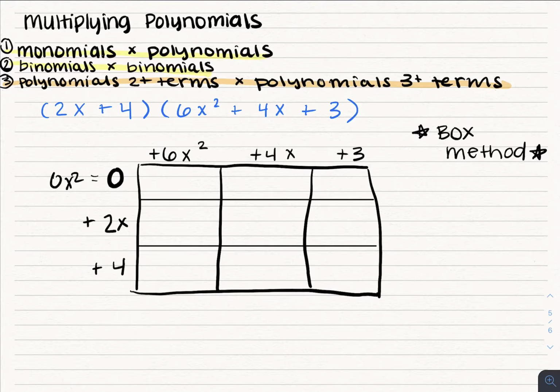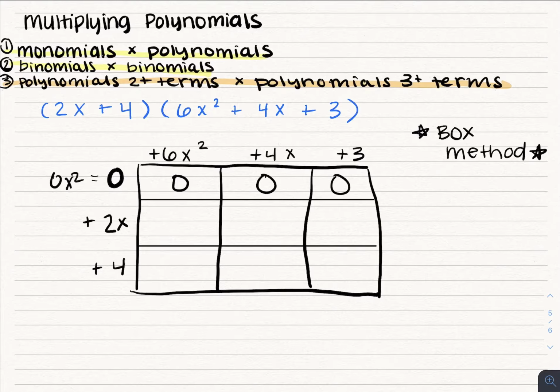So we have a box, and what we're going to do is just like when we learned our multiplication tables and we had a grid with all of our multiplication values in it, and we'll see that sometimes when you're looking at the wall in a math classroom. And we're going to do the same thing here. So we're going to start with the easy one. We have a 0 here. So what's 0 times anything? 0. So we know that this whole row is going to be 0 just because it's all being multiplied by 0.